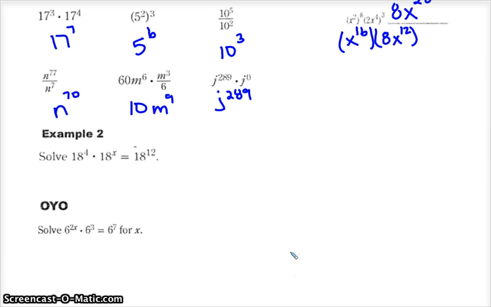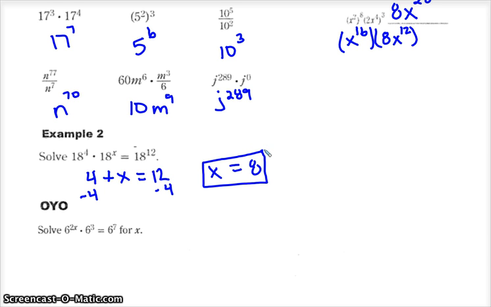Since all of the bases are 18, I will be adding my exponents together. In this case, that's 4 plus x. We know then that will equal an exponent of 12. Now I have a simple one-step equation that I can solve by subtracting 4 from both sides. So in this case, x equals 8.